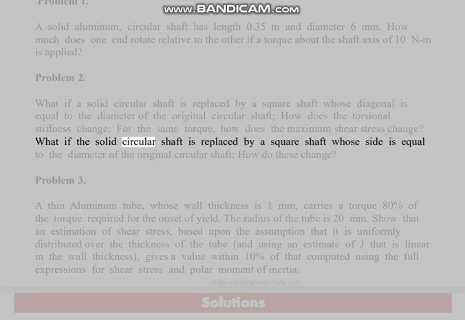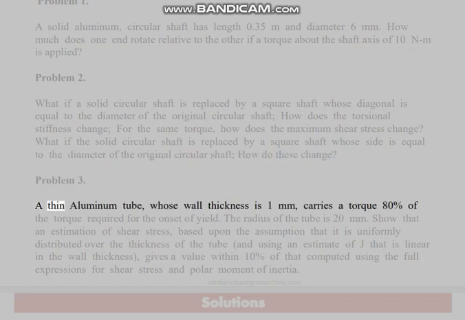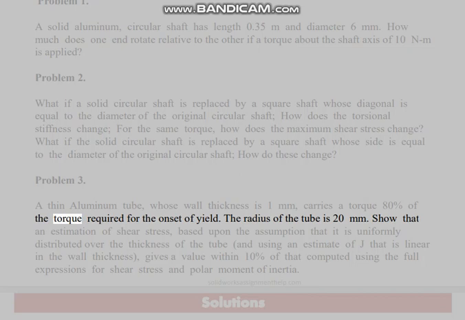What if the solid circular shaft is replaced by a square shaft whose side is equal to the diameter of the original circular shaft? How do these change? Problem 3. A thin aluminum tube, whose wall thickness is 1 mm, carries a torque 80% of the torque required for the onset of yield.